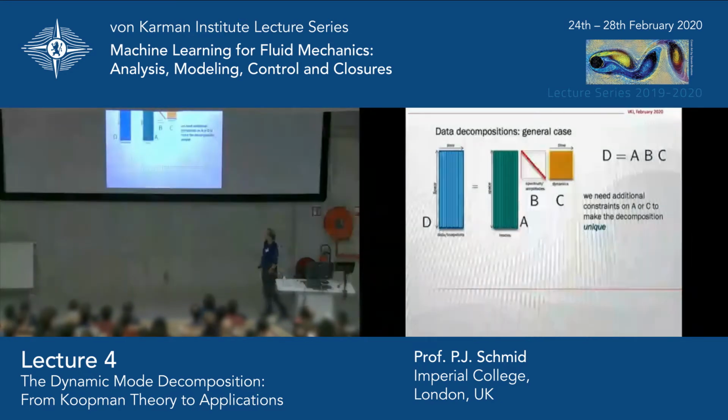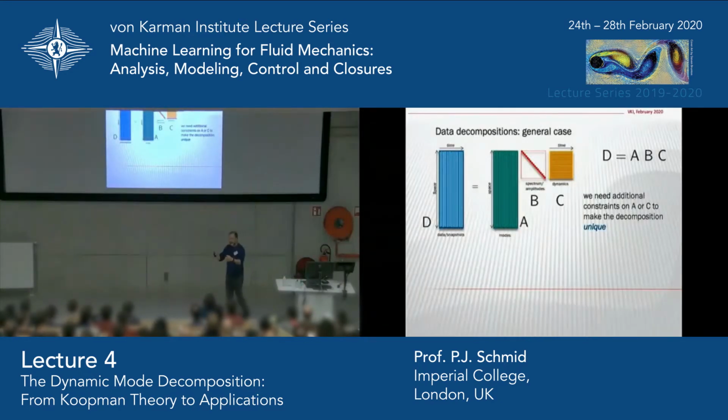All right, so we really have a data-driven technique now. These are the observables of our data stacked in time, and this is our decomposition. These are the magical Koopman eigenvectors that we try to squeeze out of the data matrix.